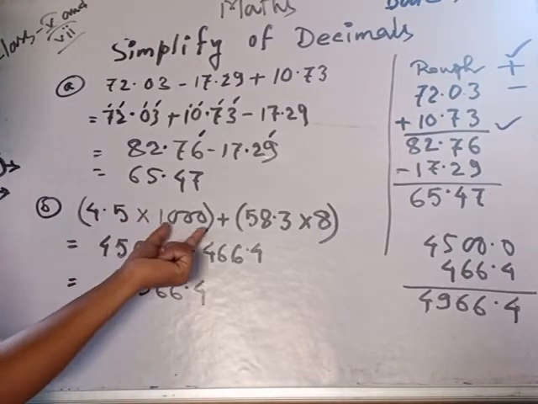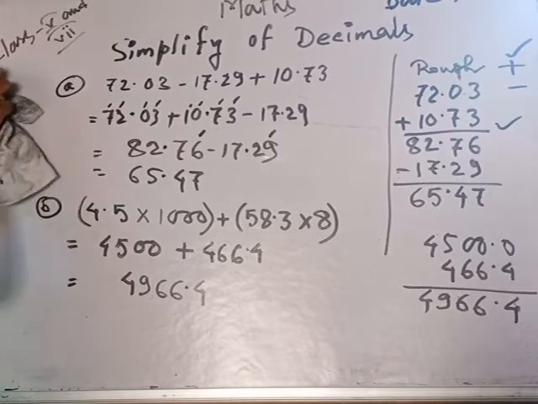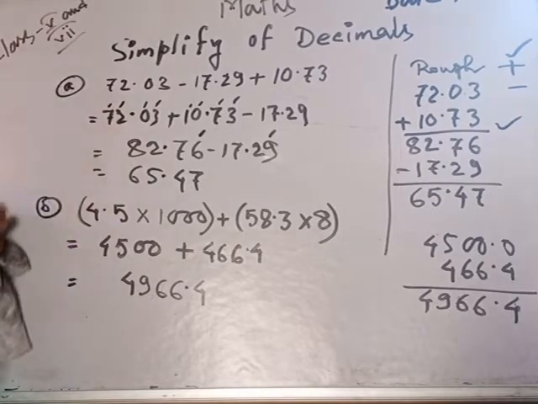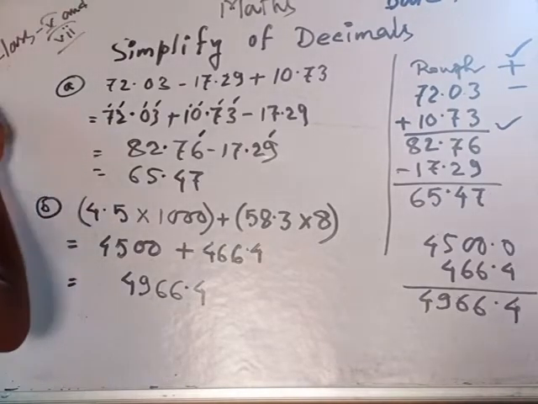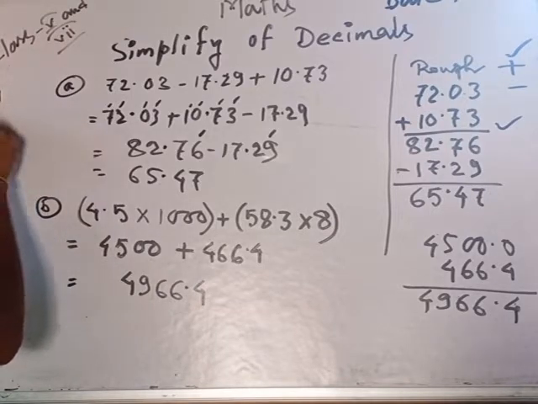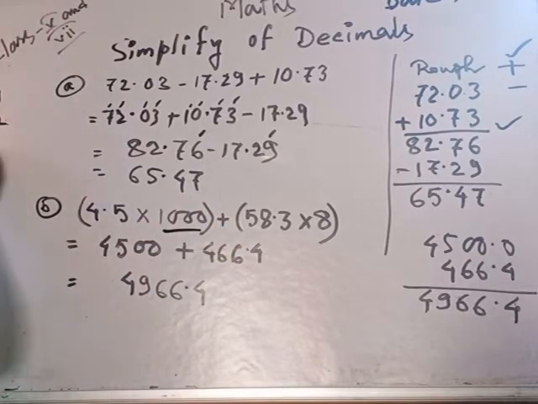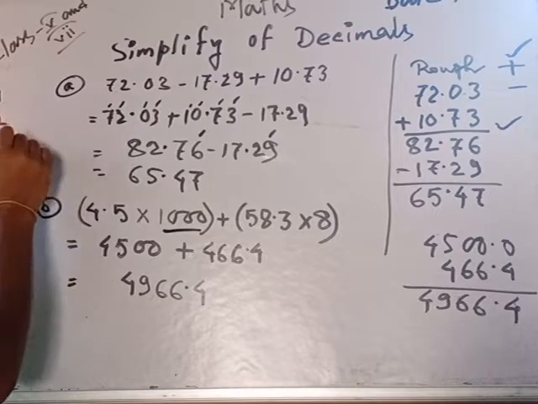How to multiply with multiples of ten? Multiples of ten means we get the number by multiplying with it. Suppose it is 10, 100, 1000, and so on. Here in 1000, there are 3 zeros, 3 tens.